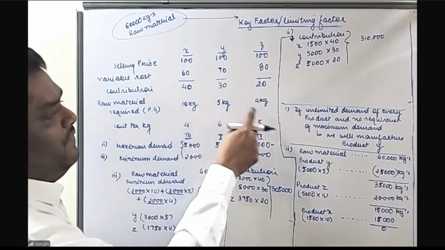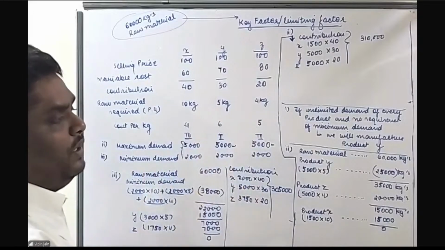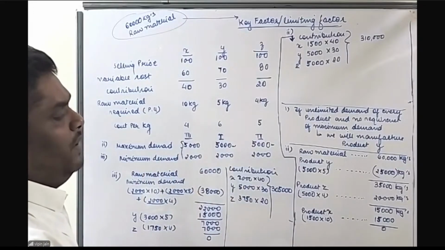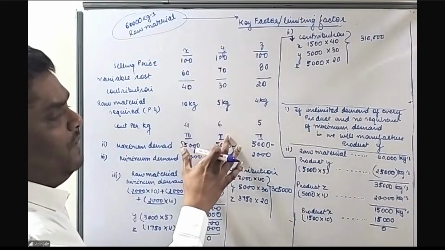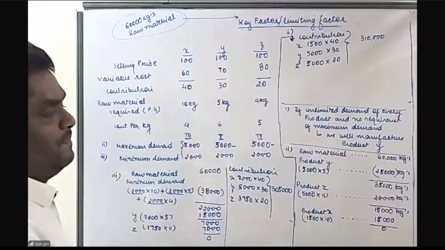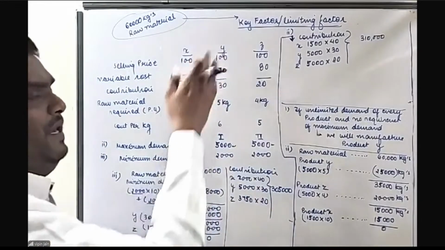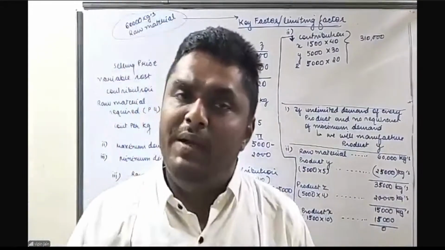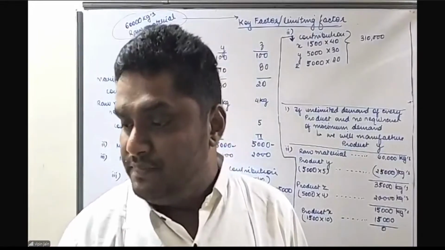So herein we have the quantity of raw material required per unit. Accordingly, we have calculated the contribution per kg of raw material. Now, first priority will be given to Y, second to Z, and third to X. So if all the products have unlimited demand, then we'll manufacture only product Y because my raw material is limited and we have to utilize it accordingly.